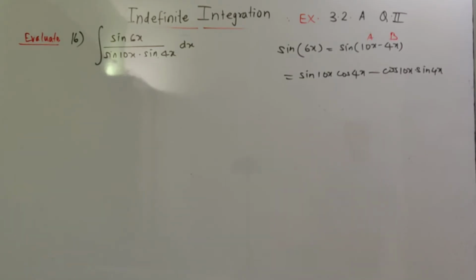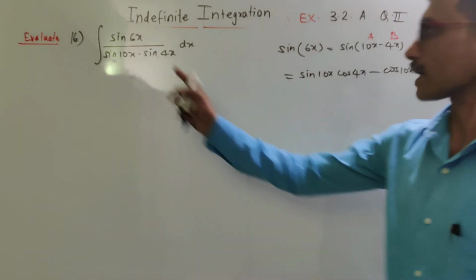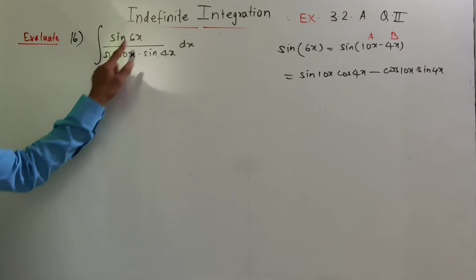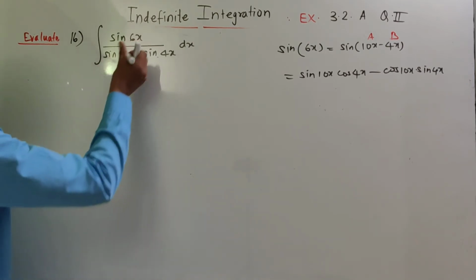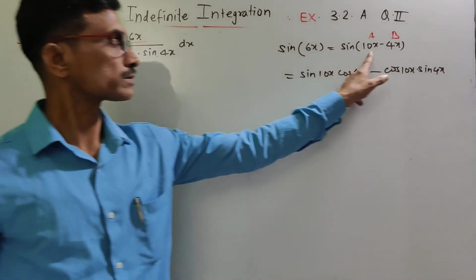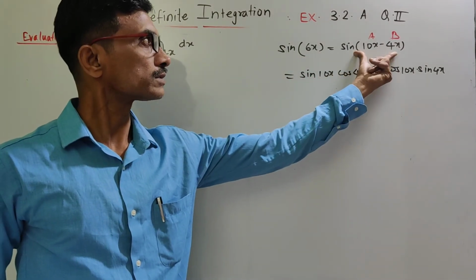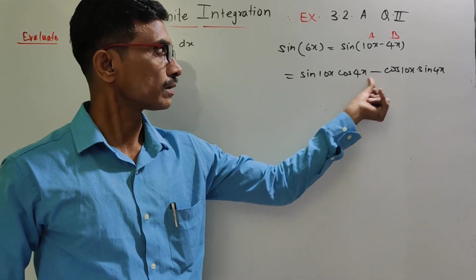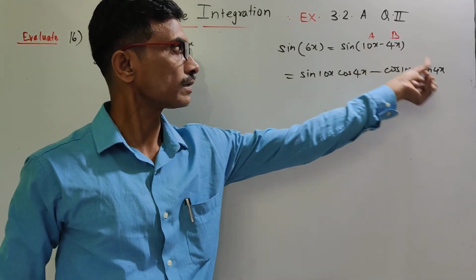Question number 16. Here in the numerator sin 6x and in the denominator sin 10x sin 4x. So this 6x you can express as 10x minus 4x. So sin of 10x minus 4x. Then we expand it, sin a minus b is sin a cos b minus cos a sin b.